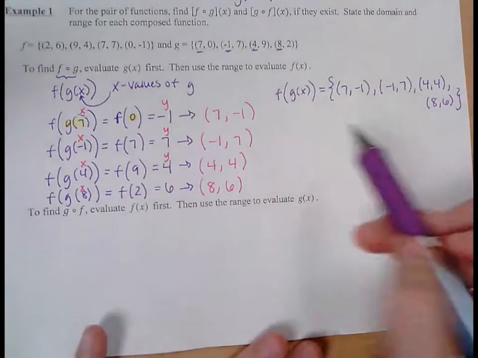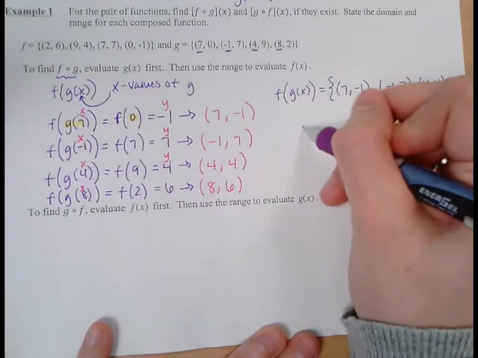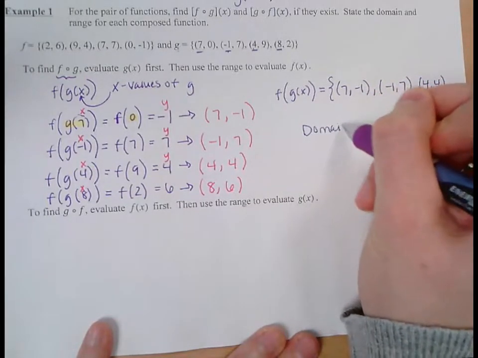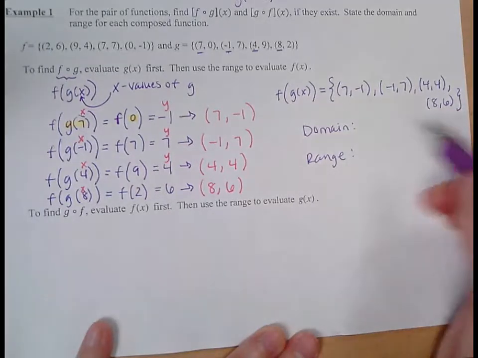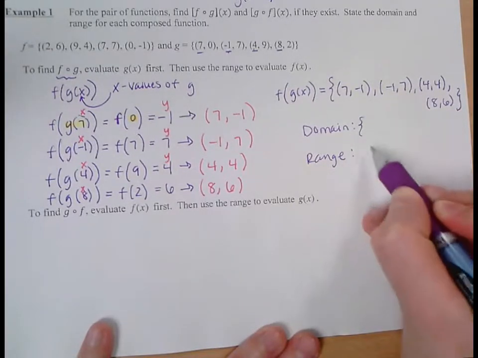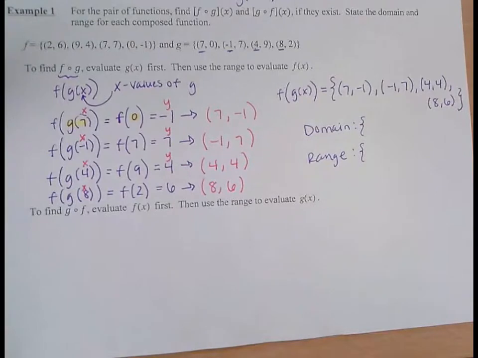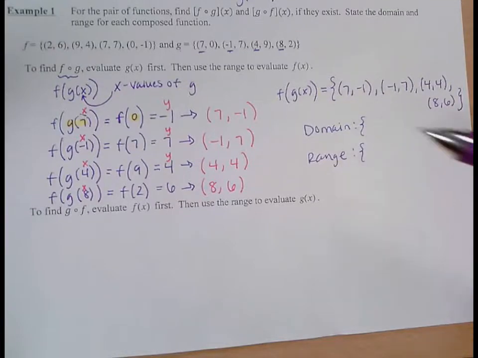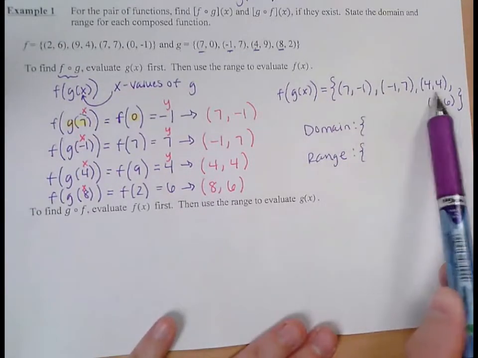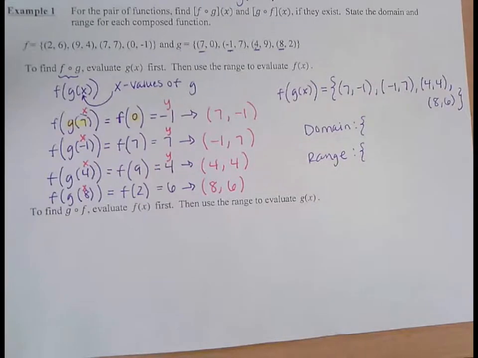And then I need to find from this new function, just list the values that are in the domain and in the range. Also as a set of numbers, so in the braces, separated by commas. So I know I've kind of already said this even in this lesson already. Domain, are those the x or y values? X. So I would look at the 4 ordered pairs I have now, and list the x values.